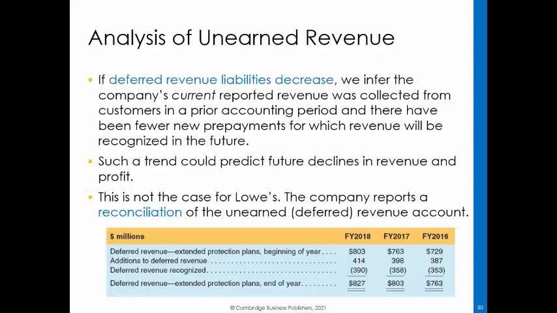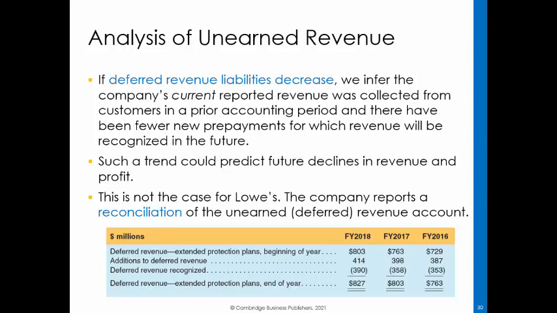As we evaluate profitability for companies that report substantial amounts of deferred revenue, we must be aware of changes in deferred revenue liabilities on the balance sheet. Should deferred revenue liabilities decrease, we infer the company's current reported revenue was collected from customers in a prior accounting period, and there have been fewer new prepayments for which revenue will be recognized in future periods.